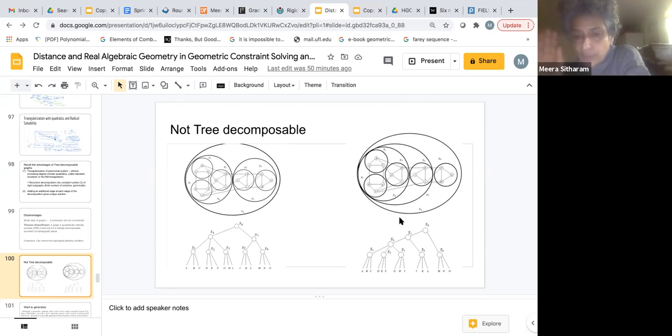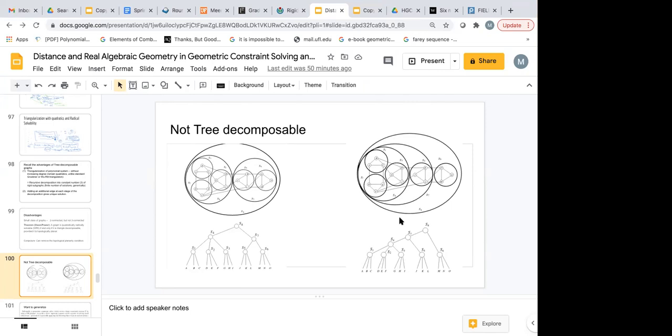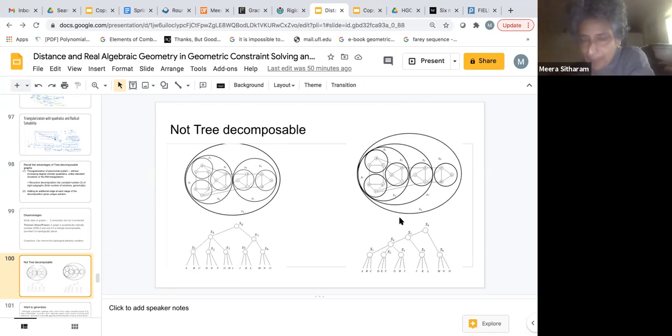At the moment we're talking about a fixed dimension, and this particular example, and most of the examples that I'm drawing, are 2-dimensional graphs and 2-dimensional constraint systems, because I'm unable to draw graphs that are triangle decomposable or whatever in more than 2 dimensions.